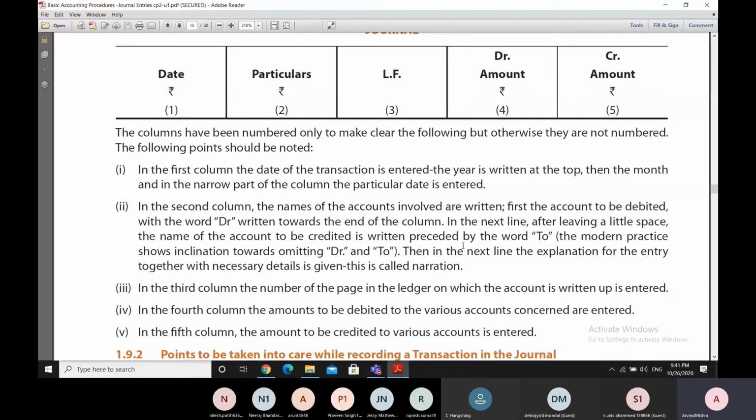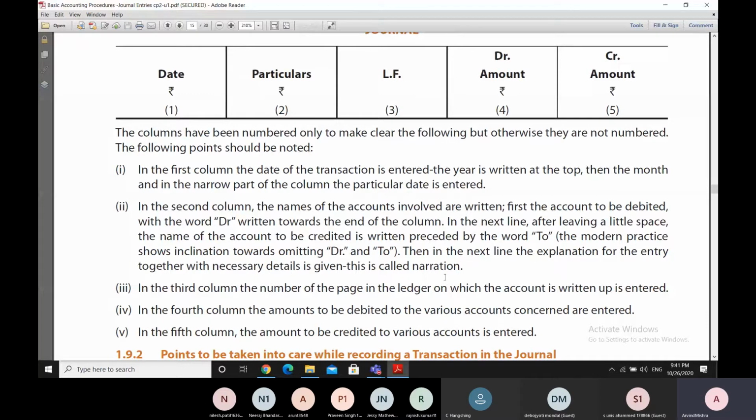And before that, we write the word to. The modern technique shows inclination towards completely omitting the debit and to also. So gradually this debit, Dr, and to are going because people understand by left and right.